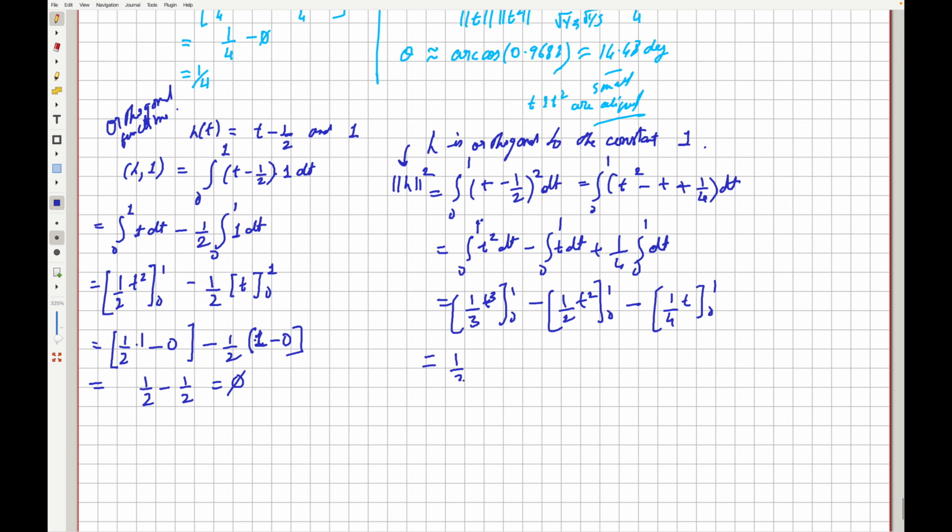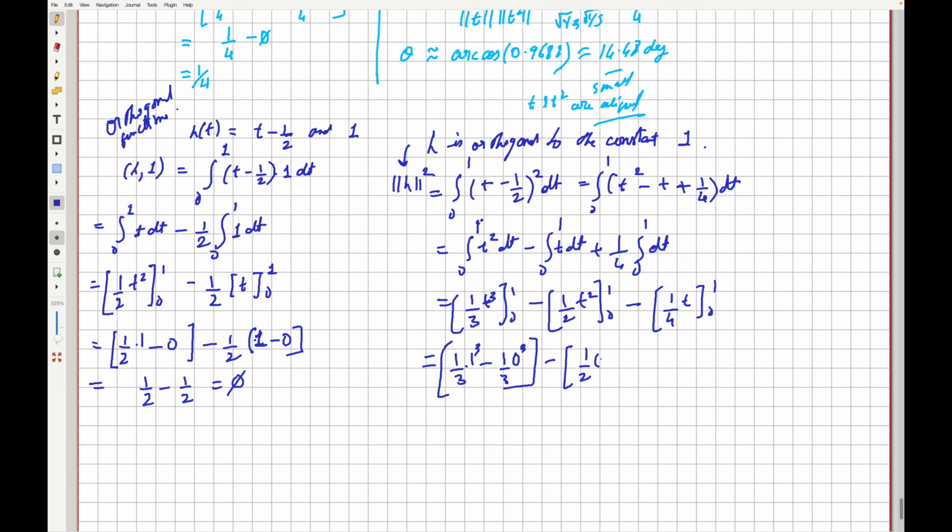This would be 1 by 3 times 1 cube minus 1 by 3 times 0 cube, and that second part would be 0, so I won't write that again here.